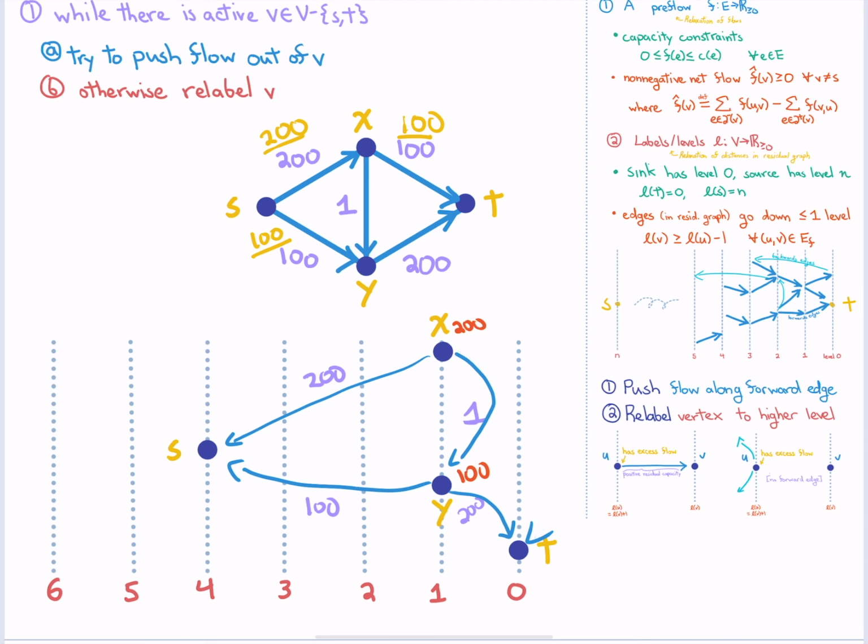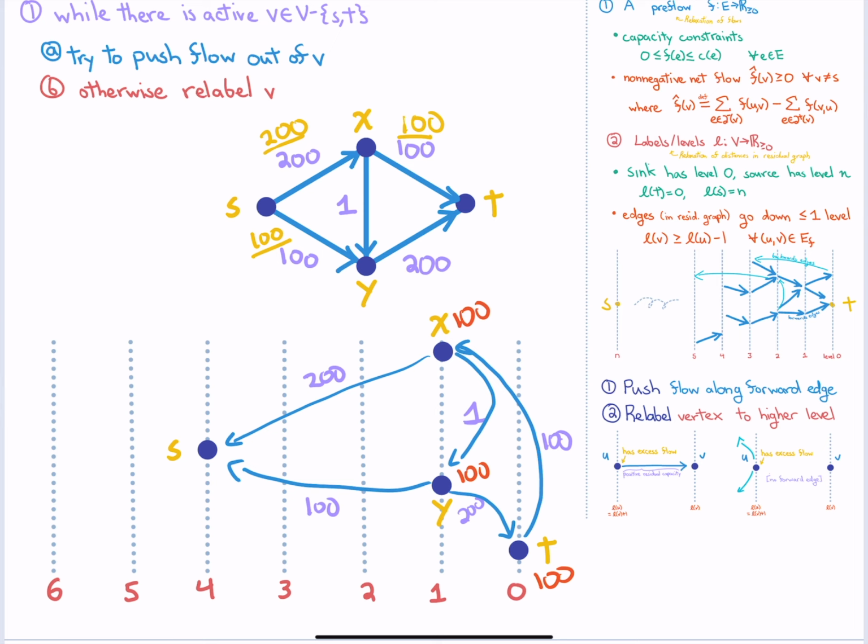So what will that do? That will get rid of that edge. Now T will have excess 100, but that's good. T is allowed to have excess. It doesn't get selected as an active vertex. And this edge now actually goes backwards with capacity 100. Okay. All right, pick an active vertex. X, okay.